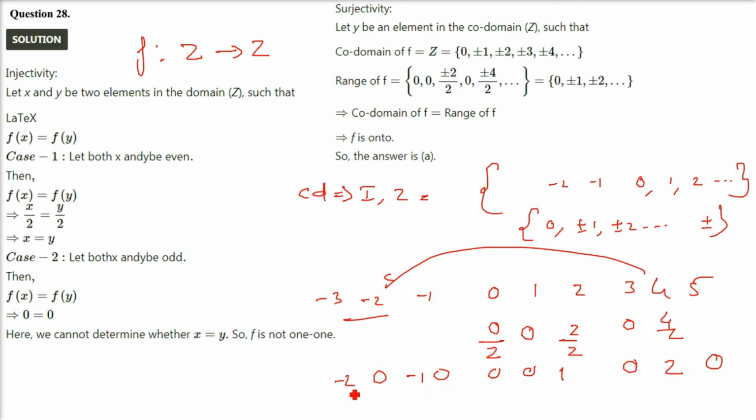All these are integers. So the codomain and range are equal because both are integers. So f is onto. The answer is A, onto, but not 1-1. We proved that it is not injective.